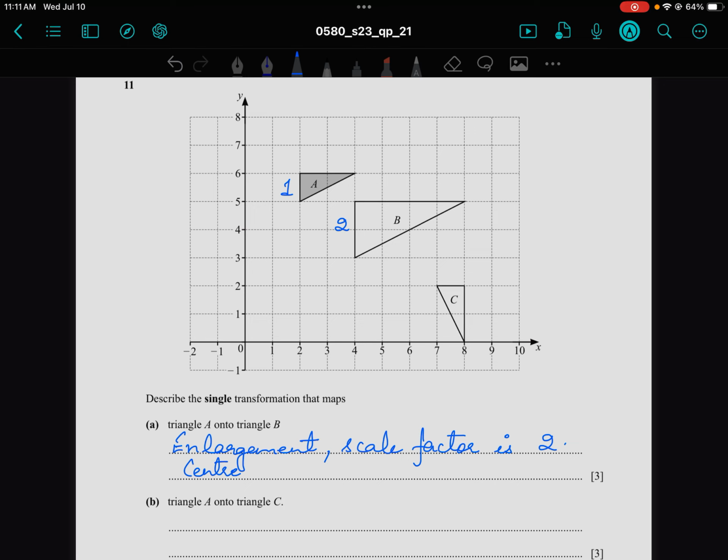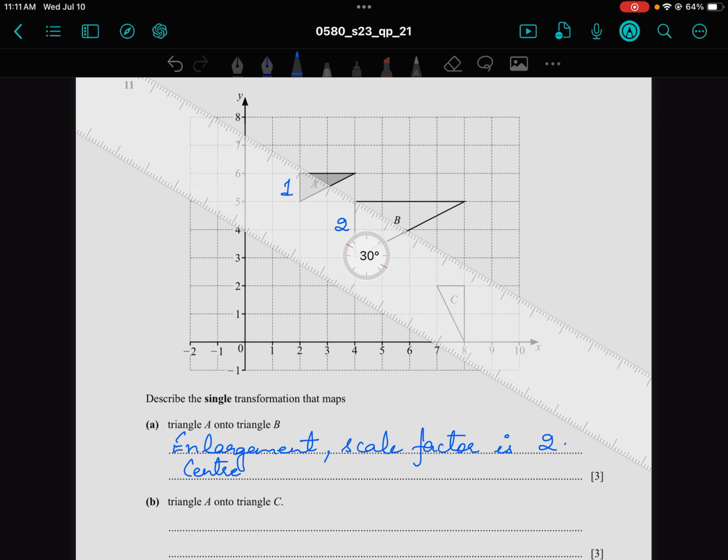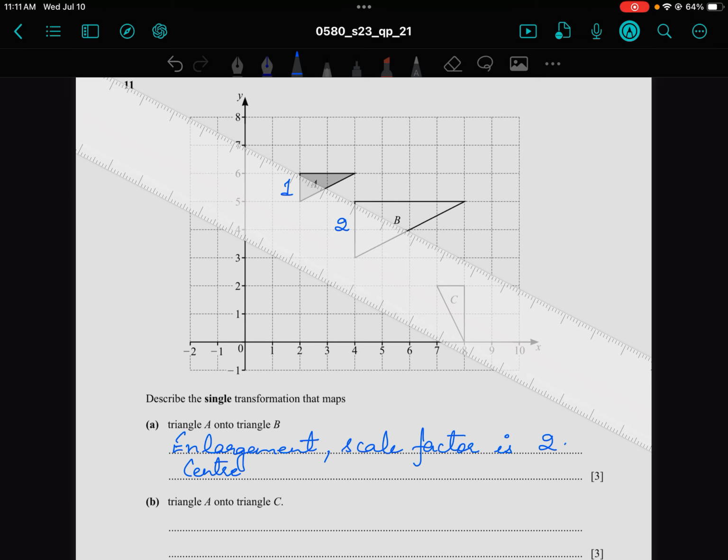for this enlargement. To find the center for this enlargement, we will take the ruler and then we will just take the center of these two triangles and then make the line that passes through the center, and also take from the other side.